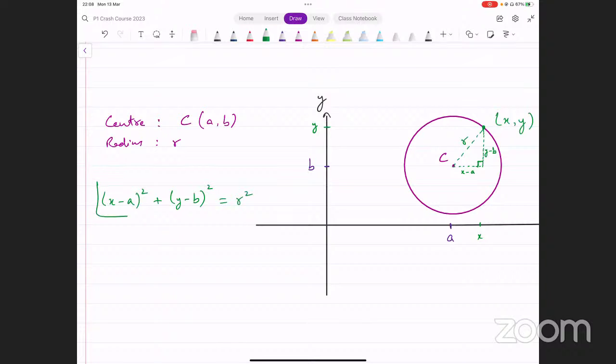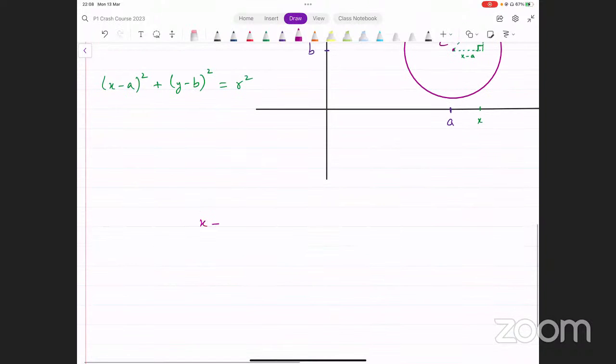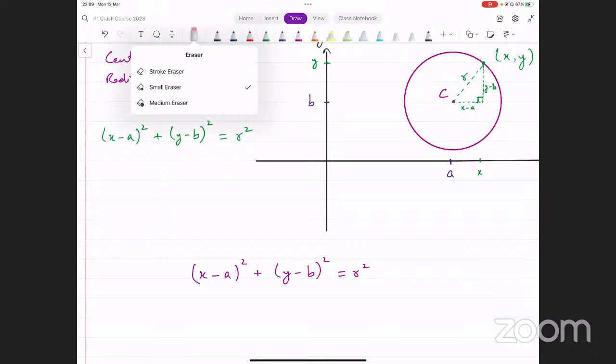And this is what the equation of a circle looks like. The standard form for the equation of a circle is x minus a whole squared plus y minus b whole squared equals r squared, such that a and b are the coordinates of the center of the circle and r is the radius of the circle.